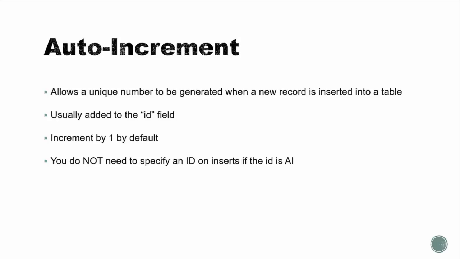And this is only if the field is set to be auto increment. All right, and this is usually added to the ID field of a table, but of course you could call it anything you want. It doesn't have to be called ID. All right, and it'll increment by 1 by default. And you don't need to specify an ID when you do your inserts. Okay, so that's a really nice advantage, is you don't have to worry about creating an ID.